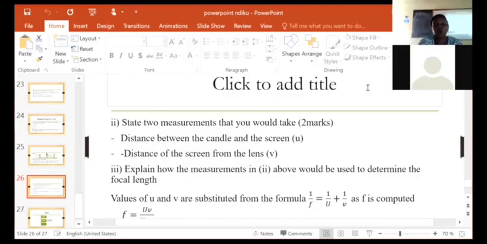You can draw a graph of 1 over v against 1 over u. You expect to get equal intercepts, then we get the reciprocal to get f. Or you can even calculate the magnification, draw a graph of magnification against the image distance and calculate f. All those answers with all those workings which can be done are taken care of.